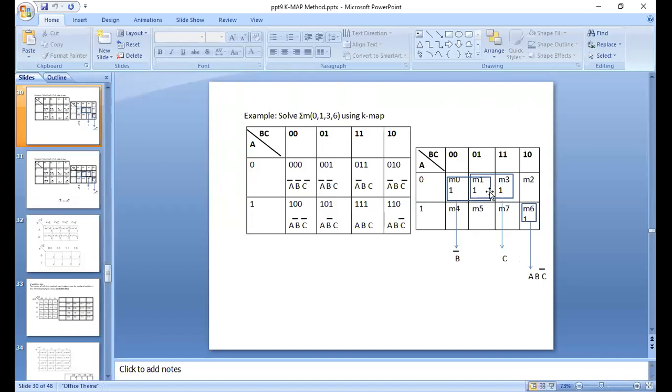I'm talking about the M0, M1 group. M0, M1 got selected. That belongs to a row where my A value is 0, and it belongs to 2 columns where I have a common variable, that is B equal to 0. So the value of this is A bar, because it is pointed to 0, and B bar.